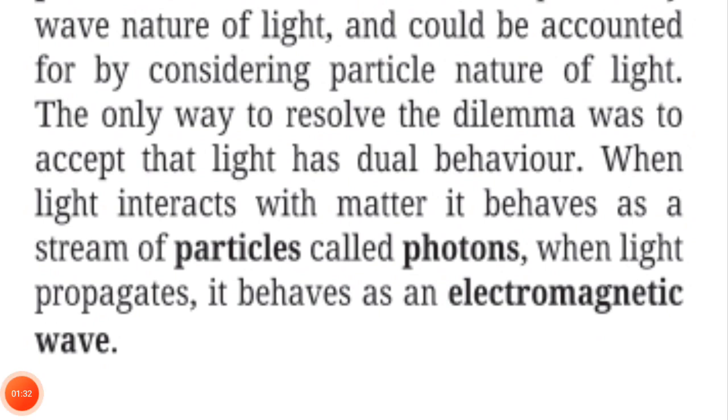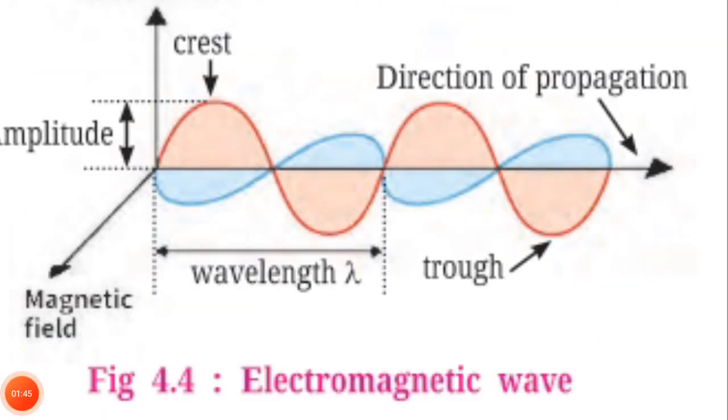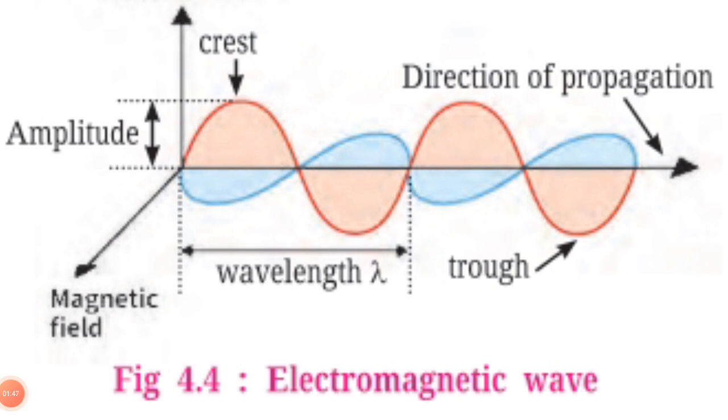When light interacts with matter, it behaves as streams of particles called photons. When light propagates, it behaves as an electromagnetic wave. Electromagnetic wave: crest, direction of propagation, trough, wavelength, magnetic field, amplitude. This is the electromagnetic wave.